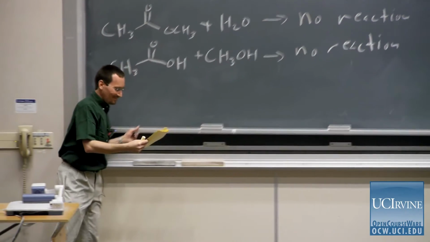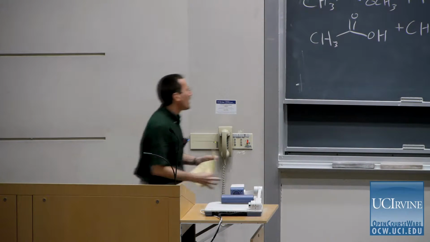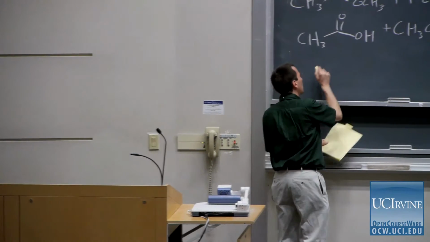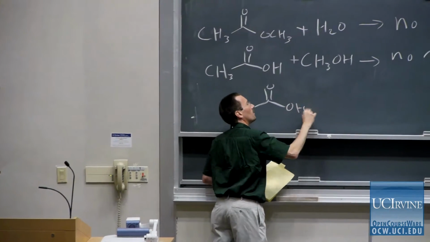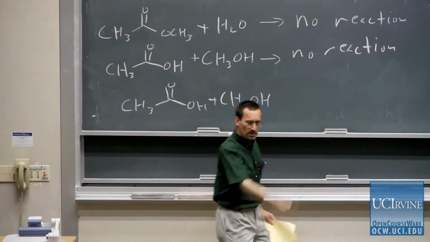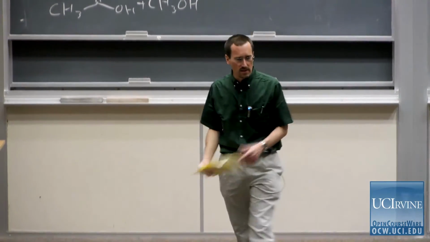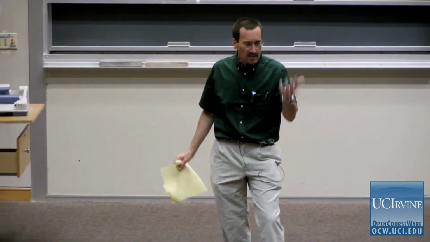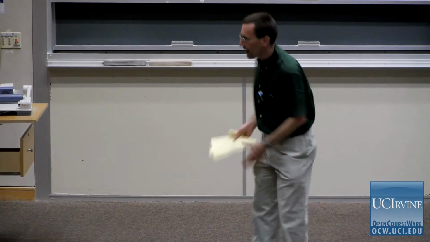All right. So chemists love to make stuff happen. They love to make what they want to have happen. And so if you want acetic acid to react with methanol, as was alluded to earlier, you do something that can protonate the carbonyl group. That's going to make the carbonyl group like 1 trillion times more electrophilic.